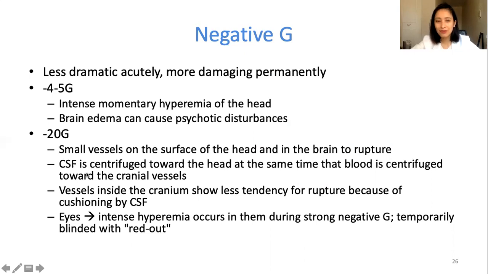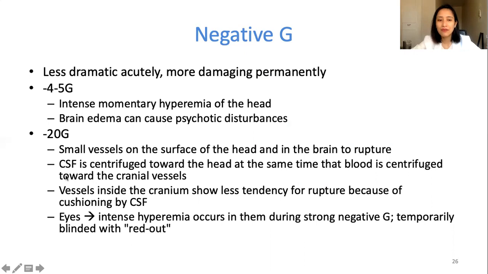The CSF, or your cerebrospinal fluid, is also centrifuged towards the head at the same time that blood is centrifuged towards the cranial vessels. The vessels inside the cranium show less tendency for rupture because of the cushioning by the CSF.